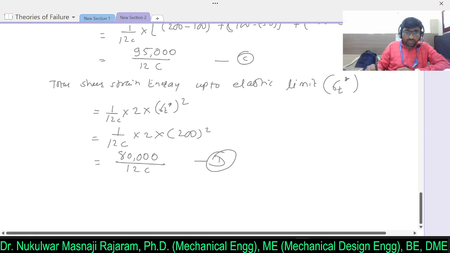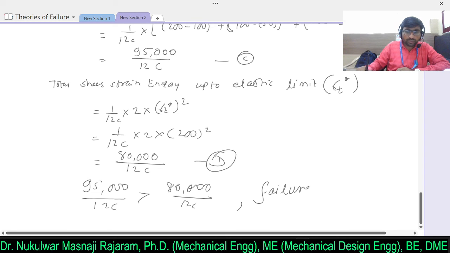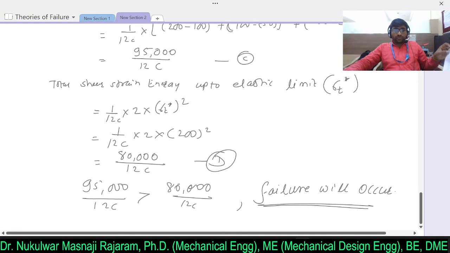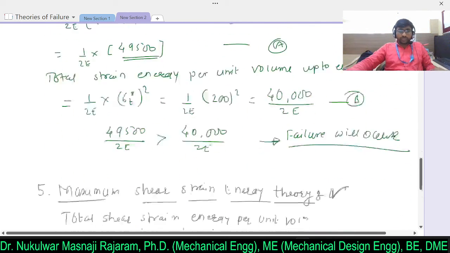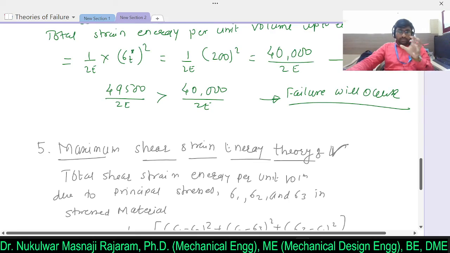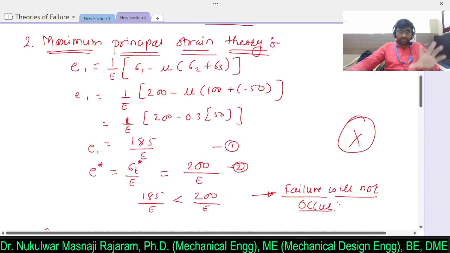Now from equation C and D, I can conclude that this value is greater than this one. Clear? So from this I can write that failure will occur. Simple. So we have seen how the different strain energy theories apply with the same formula.